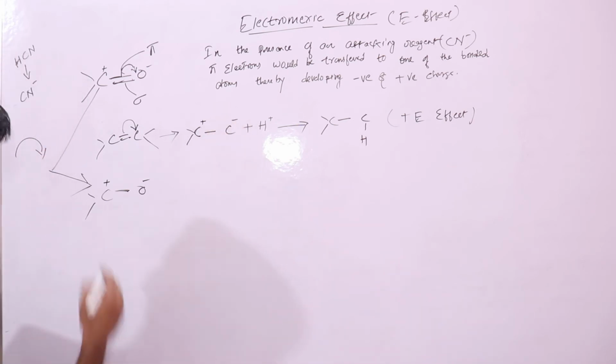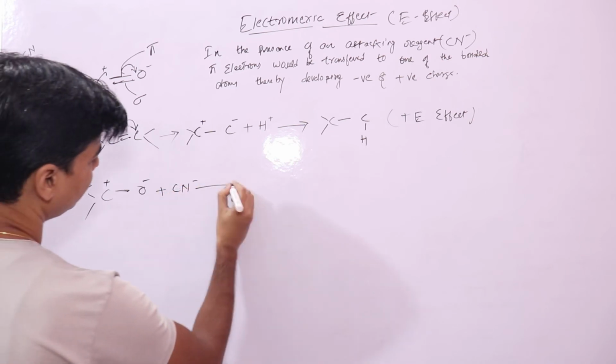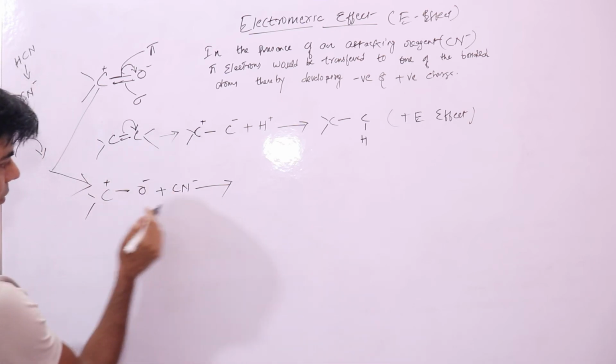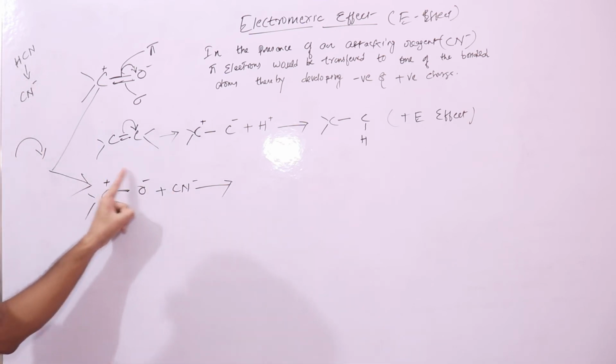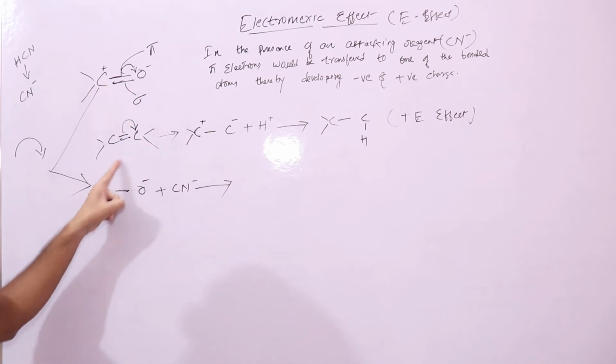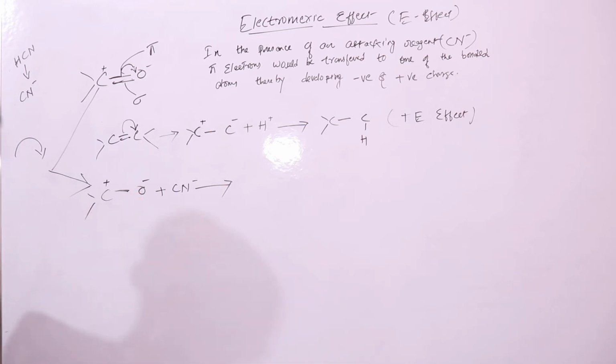On the other hand, if we take the example of this, if I react it with the reagent cyanide ion, in the presence of cyanide ion the pi electrons of this carbonyl group will move to the oxygen atom, giving it a negative charge, and this carbon has acquired a positive charge.